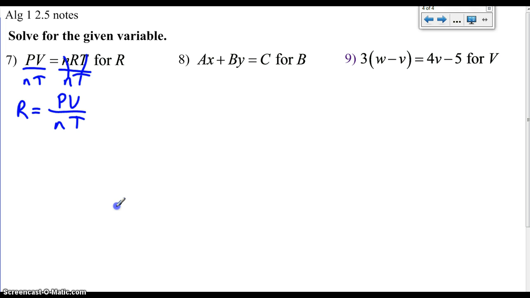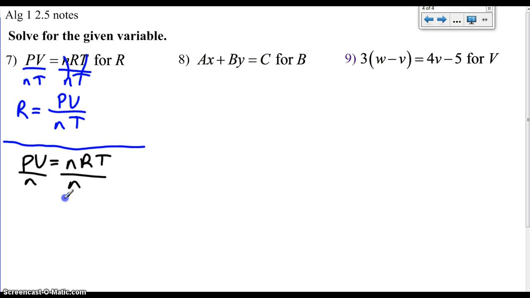For some of you, trying to eliminate two variables at once might be a little bit strange. So I'm going to give you an alternate version here. I'll rewrite the original PV equals nRT. Let's do this one step at a time. So let's divide by n. The n is gone. So PV over n equals RT.